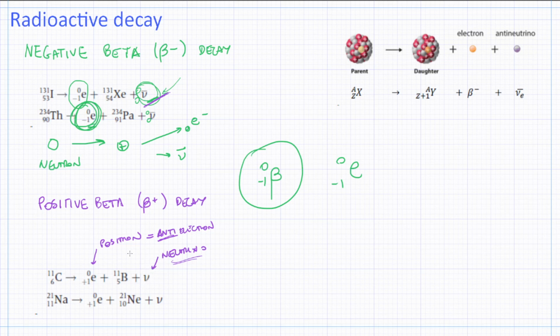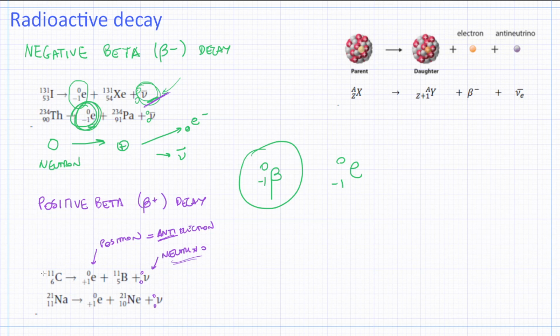Students sometimes forget about the neutrino and the antineutrino because it's always 0, 0. So they don't miss any numbers, and they forget to put the neutrinos or the antineutrinos here, but you will lose your marks if you don't. Those expressions that we have been dealing with are called our decay equations.